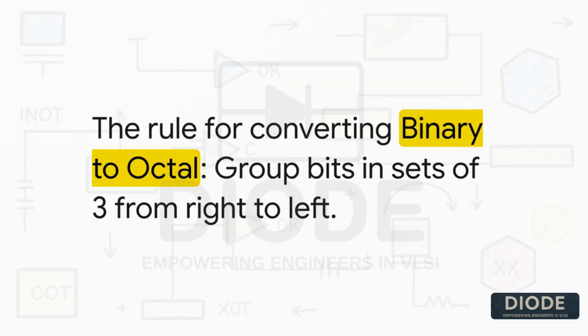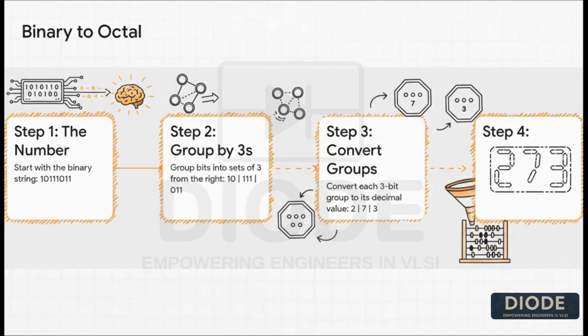Okay, time to put this into practice. We're going to take a binary number and translate it into its octal shorthand. And remember the rule from our chart? It's super simple. We're just going to bundle up the bits into groups of 3. The only trick is you have to start from the right and work your way left. So here's our binary number, 101111011.